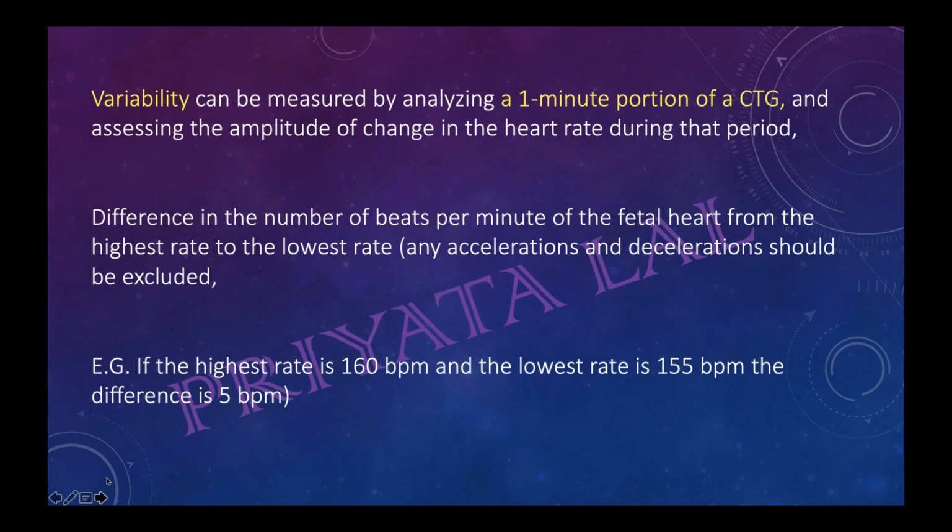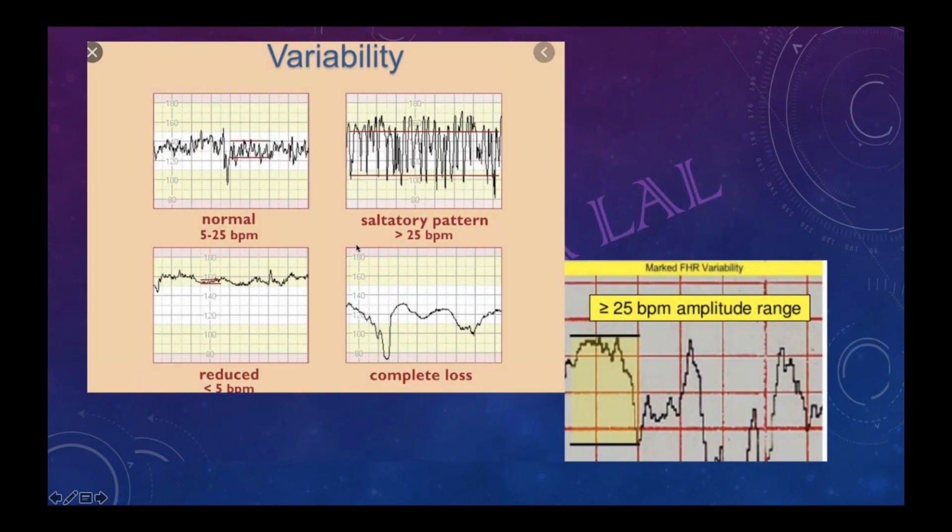So this is the variability. Now I will show a picture. This is normal variability. This is a 1 minute strip. We take a 1 minute strip where there are no accelerations or decelerations.